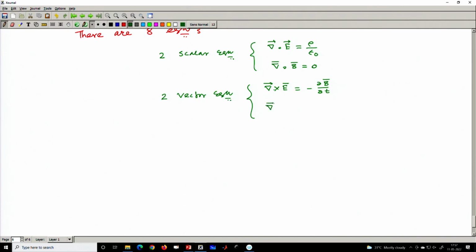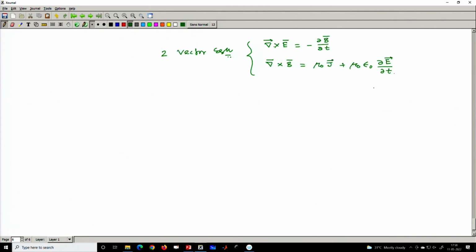Here we have curl cross B is equal to mu 0 j plus mu 0 epsilon 0 del E del T. So, this belongs to one equation and this belongs to 3, this belongs to 3. So, overall 8 equations are there.